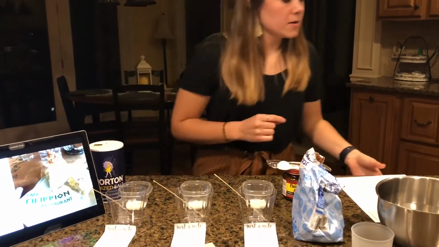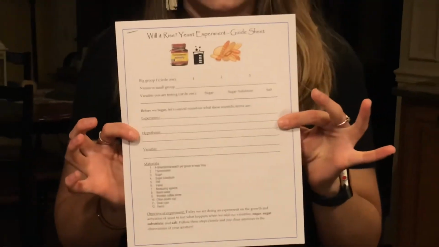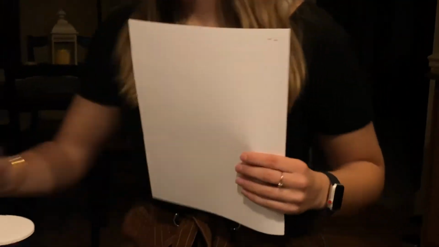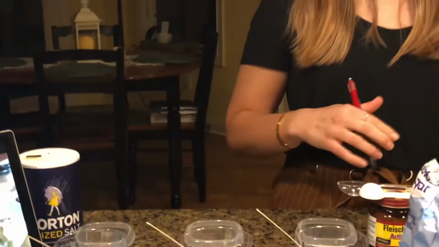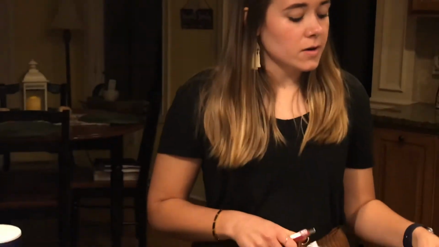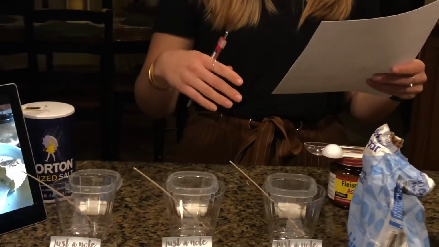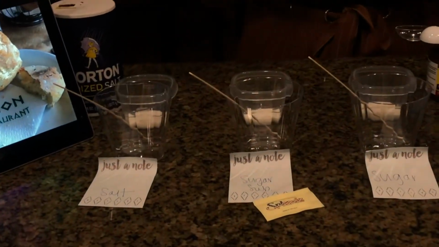But first things first, we always have an experiment guide. This keeps us on track with our experiment, and it helps us just know exactly in order what we're gonna be doing, keeps us safe, and it keeps track of all of our observations. So first things first, the class is going to be getting into 3 different groups, group 1, group 2, and group 3.